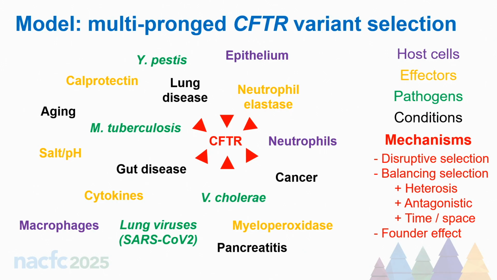I had another question for Ruben. Your point about selection in time and space is certainly interesting. I wonder if there are any data on the exposure to pestis in different regions of Western Europe where we see variations in the frequency of CFTR variants.